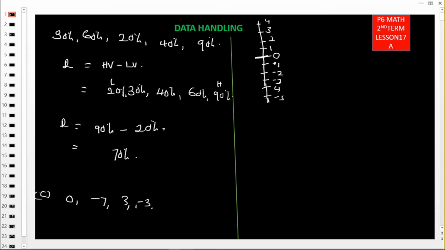Now if someone is at 1 step down and another one is at 4 steps down. Say this is Akim, and maybe this is Agaba. Now when you look at Agaba and Akim, who is above the other? It means that Akim is above Agaba. Agaba is on which step?